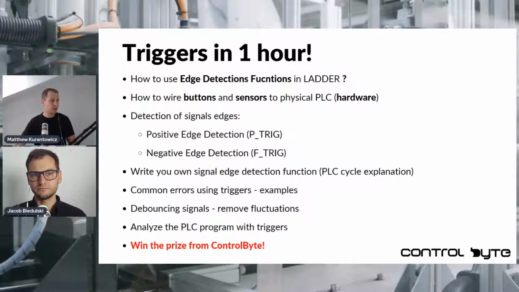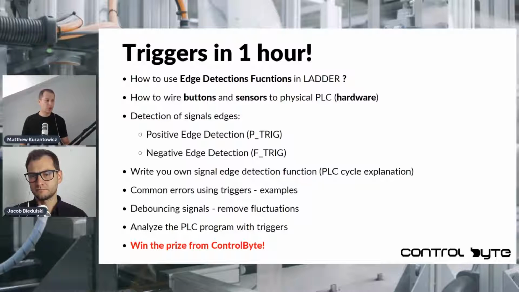Firstly, we will describe how to use edge detection functions in ladder language. We use TIA Portal from Siemens. This is an environment for PLC programming, especially in ladder and text languages.